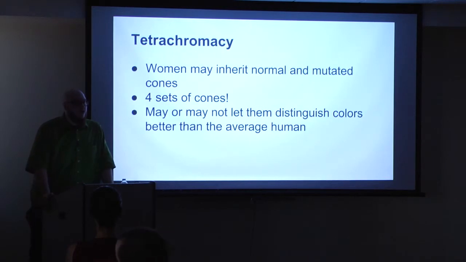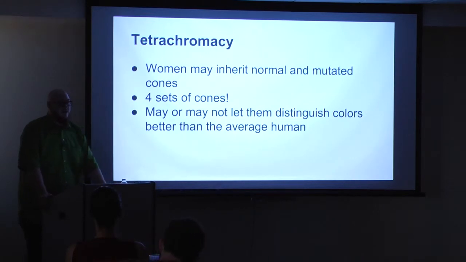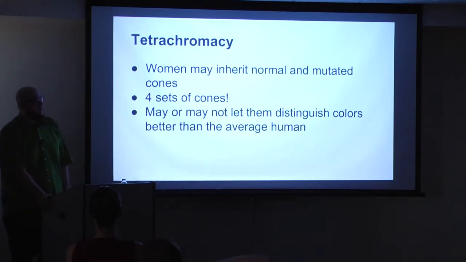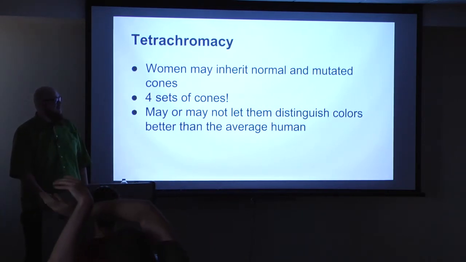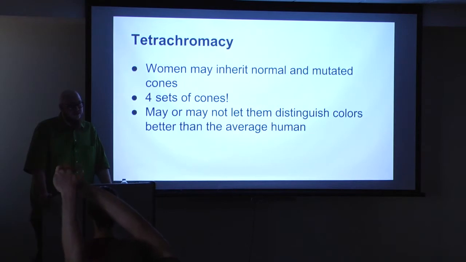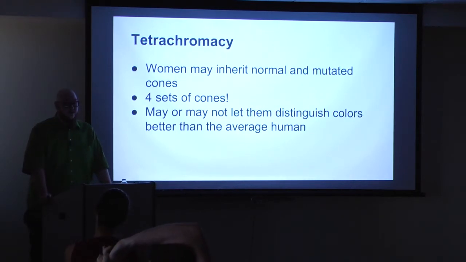training to distinguish colors. And it's interesting because I come from a family of 4, and my brothers are both colorblind. And so it's possible that my sister is a tetrachromat. And I gave her a color distinction test, and she actually did really well.